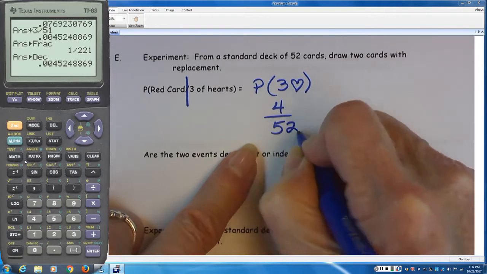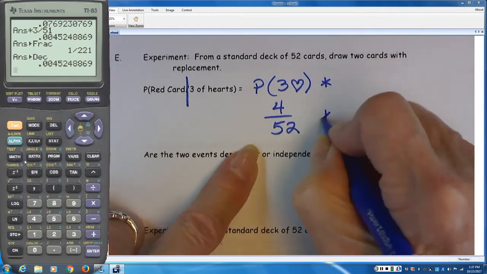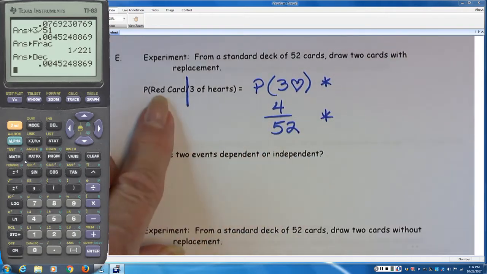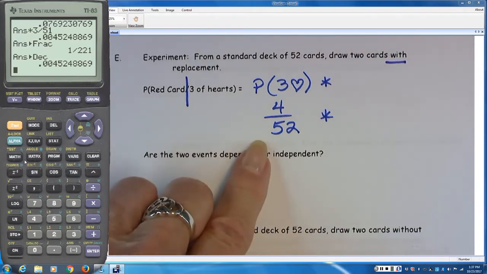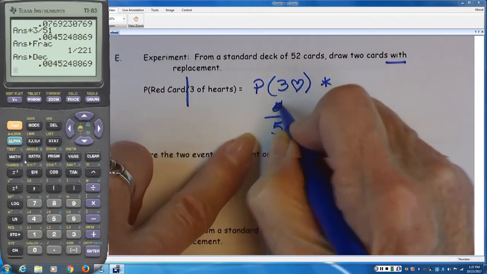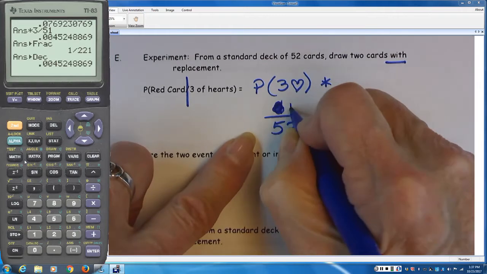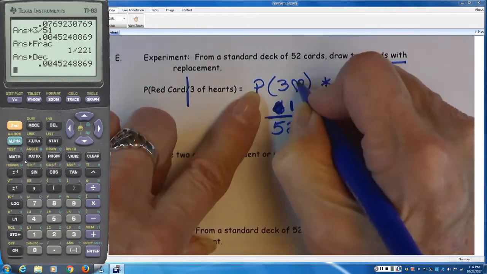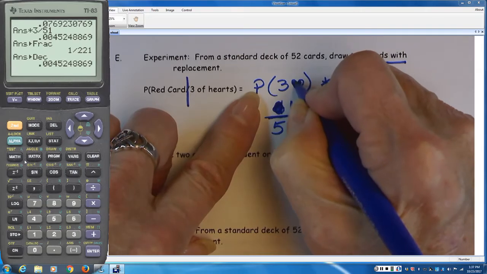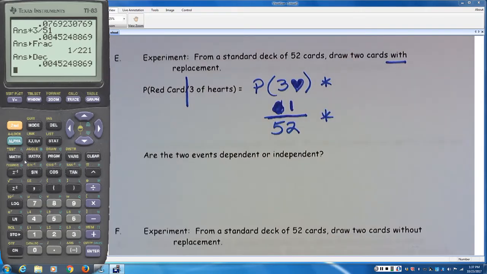Oh wait, no, not 4 out of 52. Whoa, 1 out of 52. There are 4 3s, but only 1 3 of hearts. Okay, only 1.